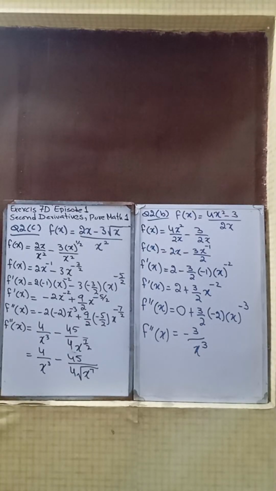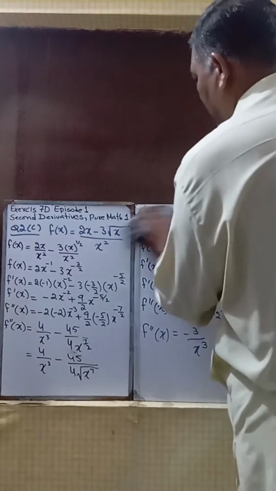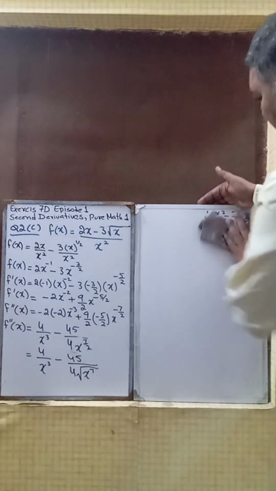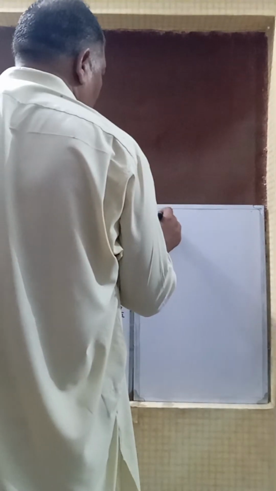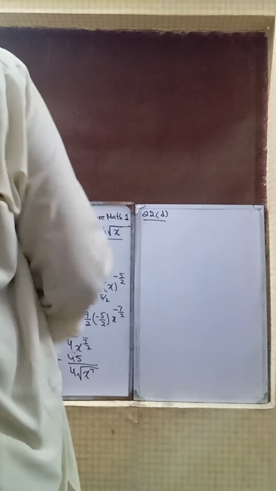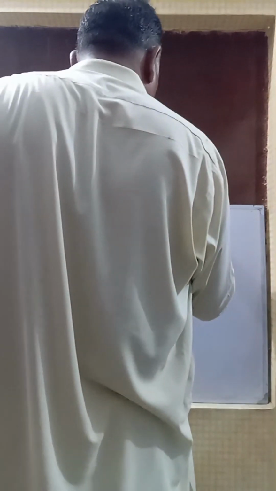The next one is question number 2 and its D part. Very simple, straightforward. We are going for question number 2 and its D part. Okay. So the f of x is given here.